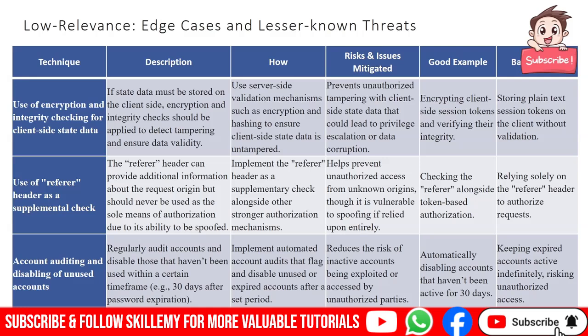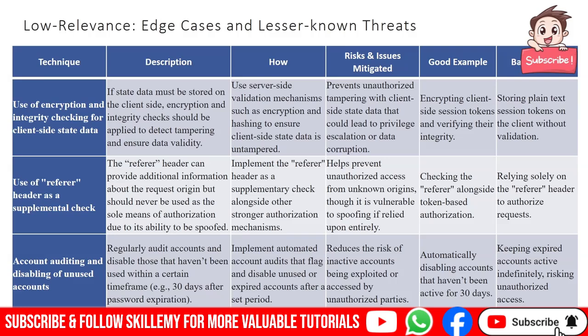The server can decrypt and verify the integrity of the data before processing it, ensuring that no unauthorized modifications have occurred. Without these checks, an attacker could alter client-side data to escalate their privileges or hijack someone else's session.